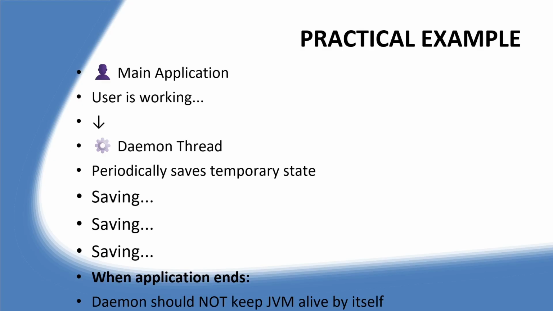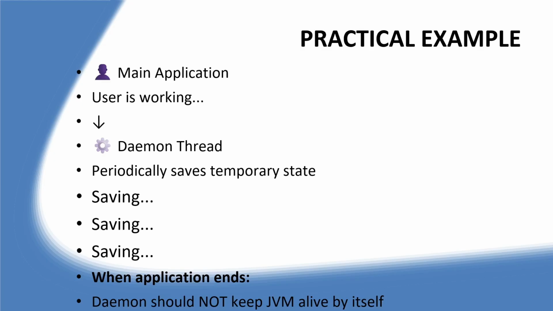Now let's understand daemon threads with a practical conceptual example. Imagine an application with a background autosave helper. The main application performs the important user-facing work. Meanwhile, a background thread periodically performs supporting tasks such as saving temporary state.